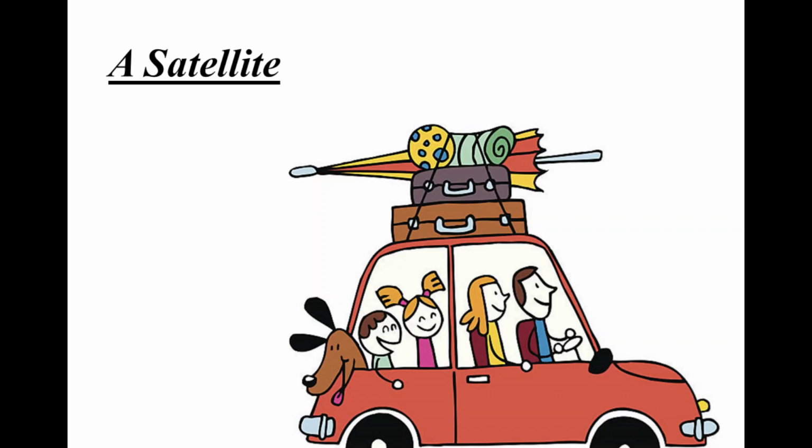Coming to a satellite. What is a satellite? A satellite is basically a vehicle that carries these sensors to space. However, if it is a drone, then it might be taking them into the air, high above the surface, not really outside the atmosphere or into space.